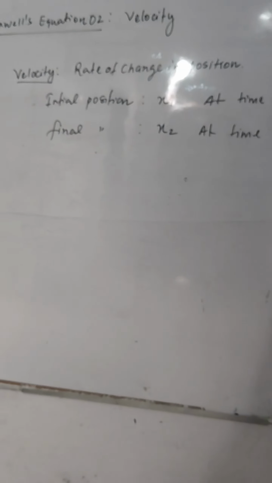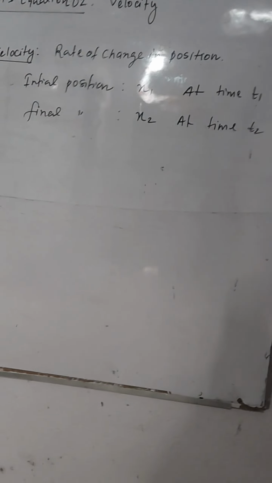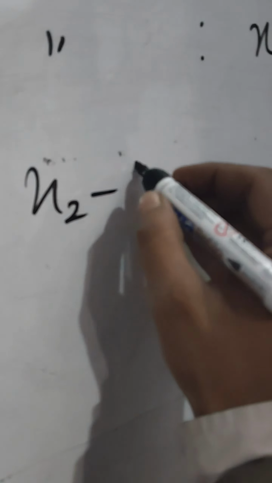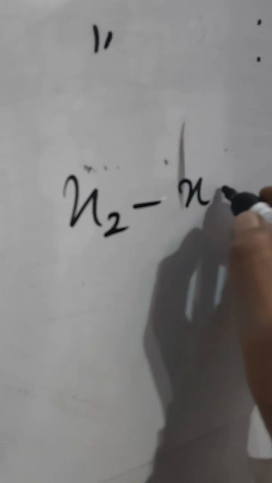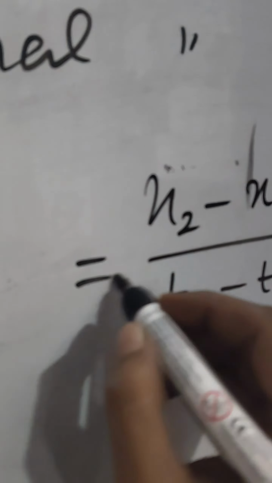So these are the conditions. Now we can find the rate of change in position. What change in position occurs? x2 minus x1 divided by t2 minus t1.